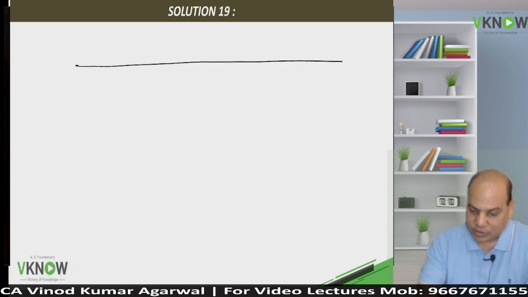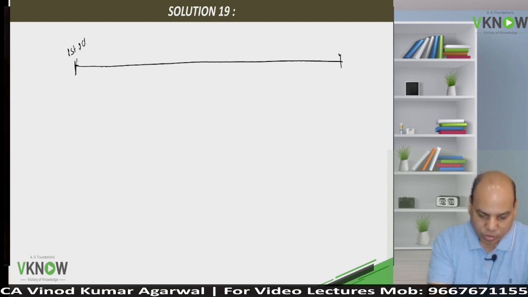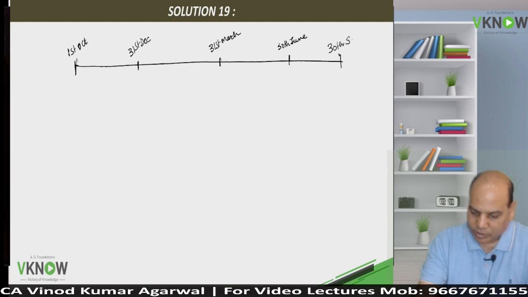This is the financial year. 1st October is the starting date, then 31st December, then 31st March, then 30th June, and then 30th September.